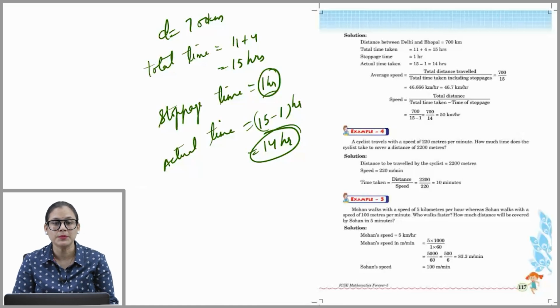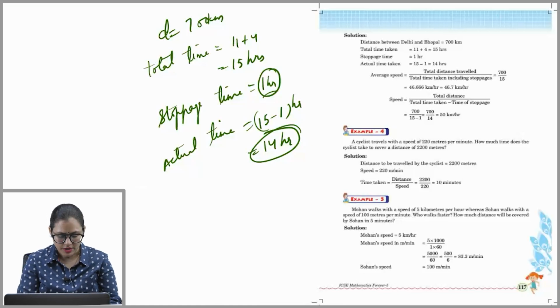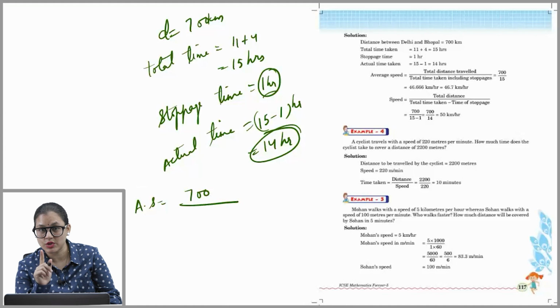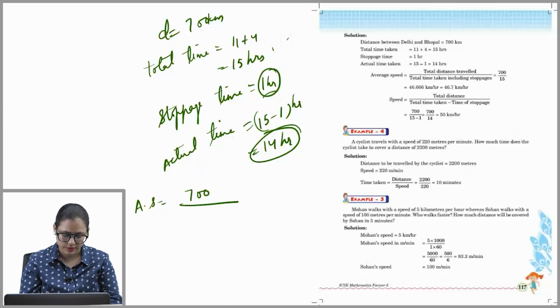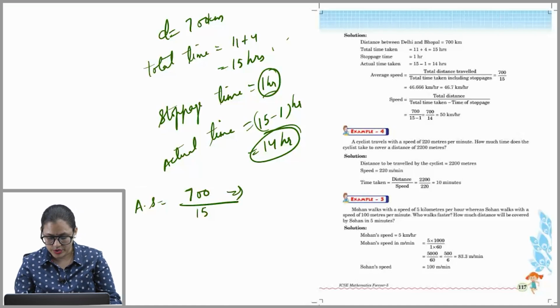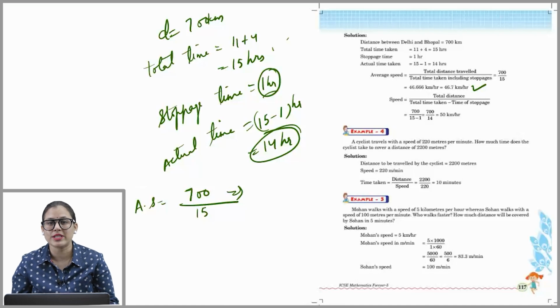Now we have to find the average speed. Average speed is total distance traveled, which is 700 kilometers, upon total time taken including stoppages. So total time taken was 15. If you divide this by 15, you will get 46.7 kilometers per hour.